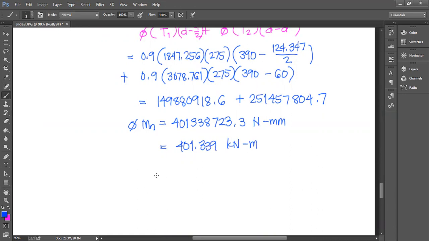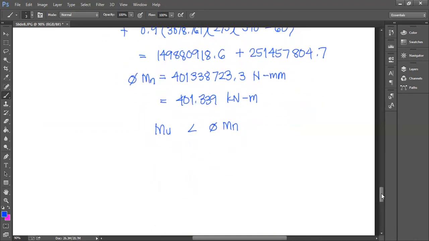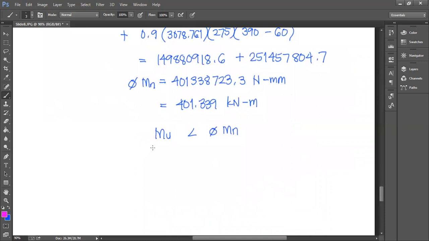Which comes to show that yung Mu natin is less than φMn. So yung 400 natin is less doon sa 401.339. Therefore, adequate ngayon yung beam natin.